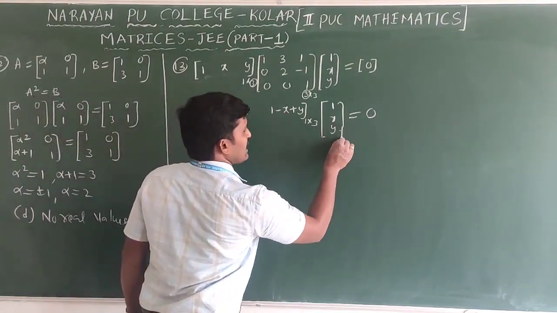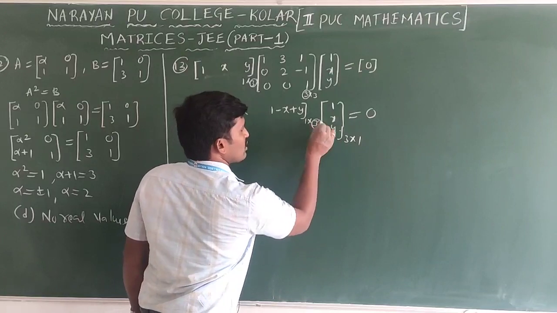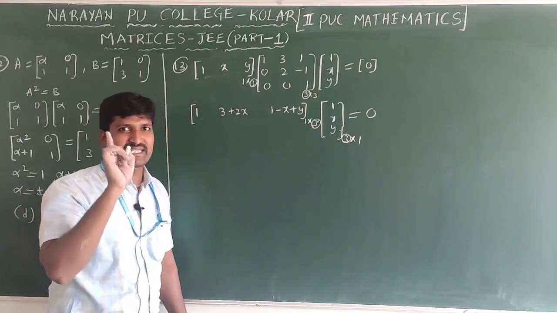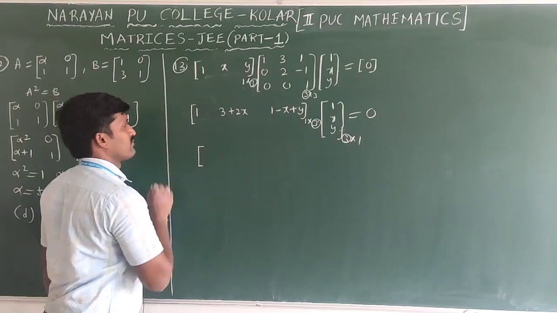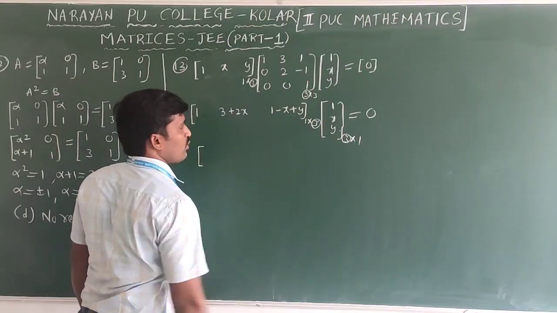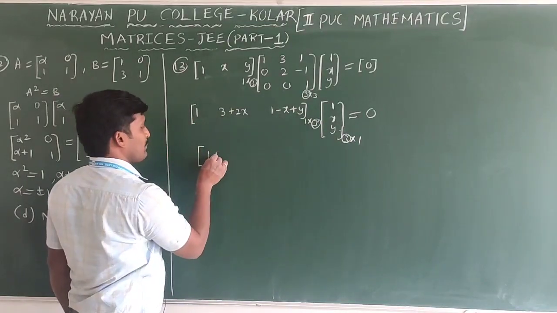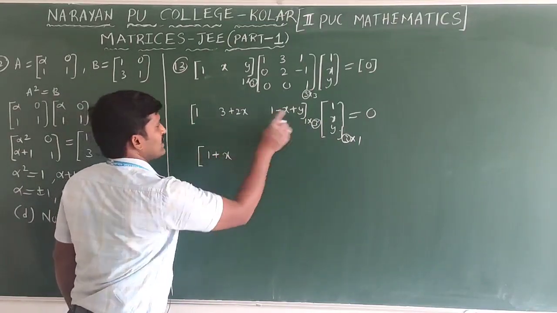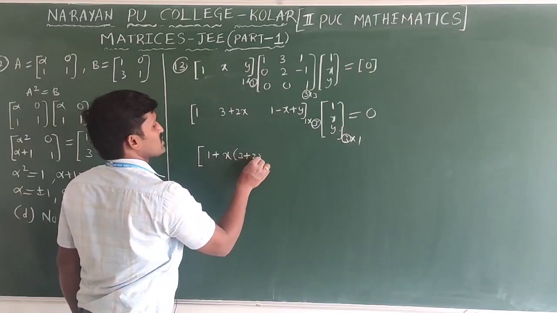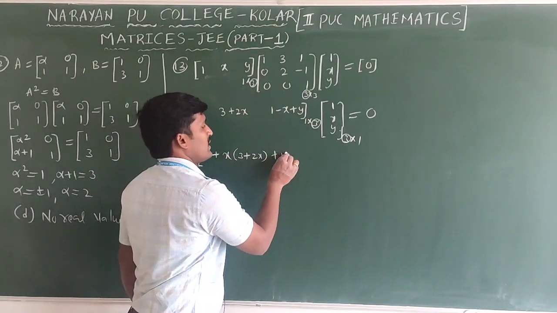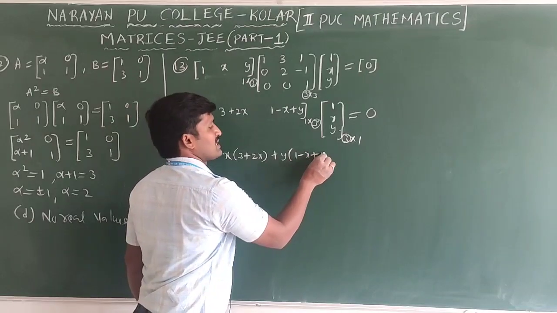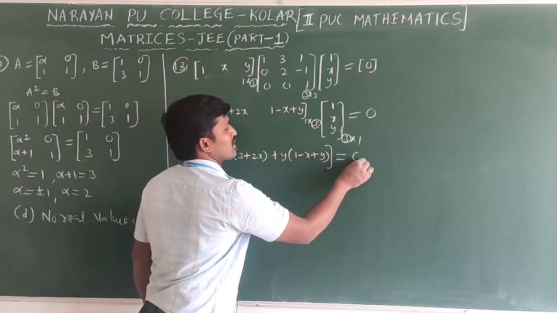Again it is 1 by 3 times 3 by 1, both are equal, so you will get only a 1 by 1 single element. One row with only one column: 1 into 1, 1 plus x into 3 plus 2x, next plus y into 1 minus x plus y, equal to a 0 matrix.